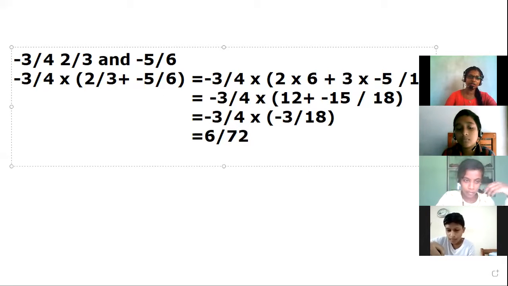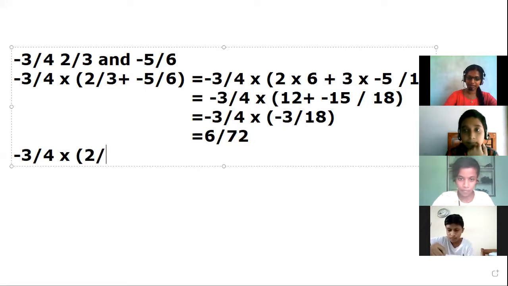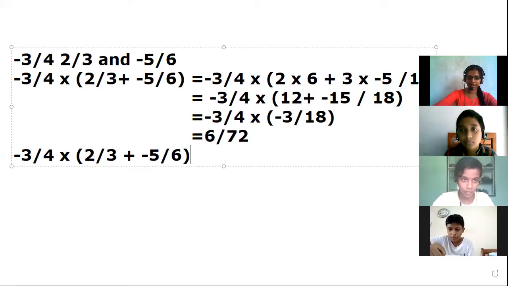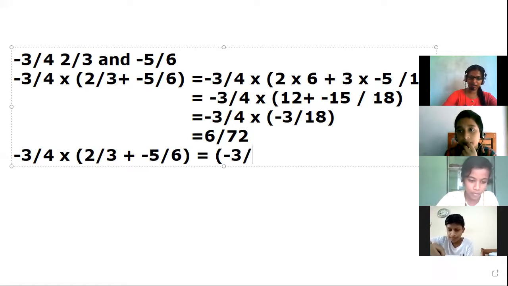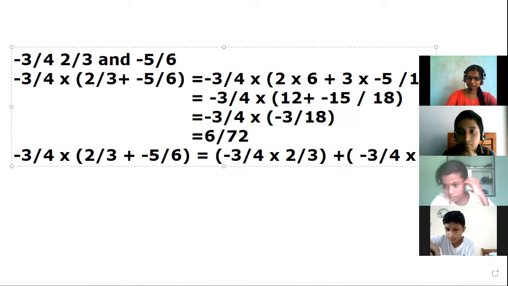Then I am going to find this answer in a different way that you have studied earlier. That is minus 3 by 4 into 2 by 3 plus minus 5 by 6 can be written as minus 3 by 4 into 2 by 3 plus minus 3 by 4 into minus 5 by 6.